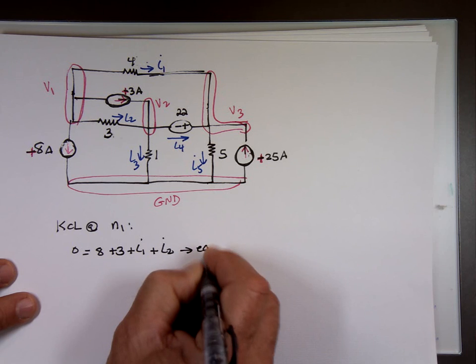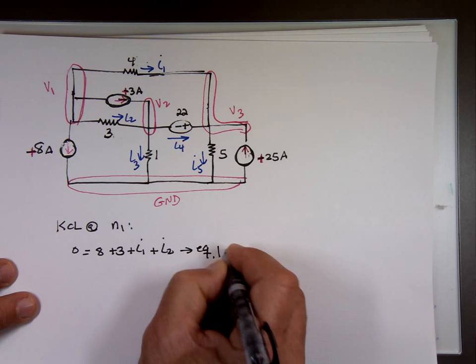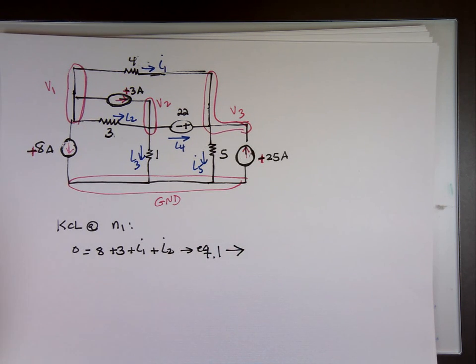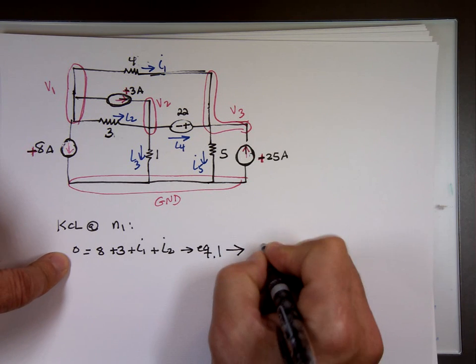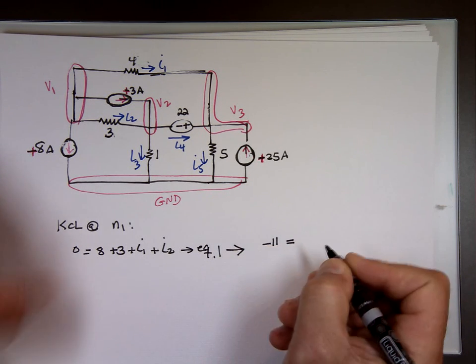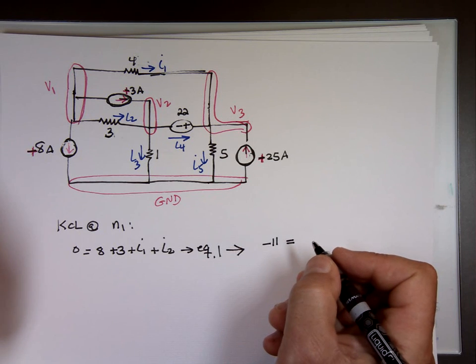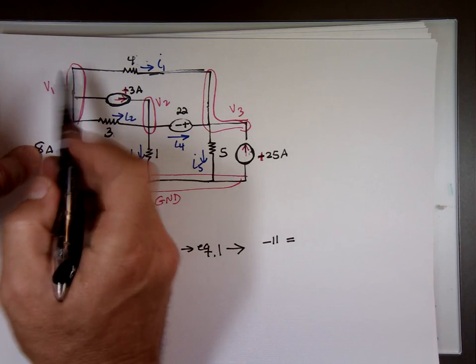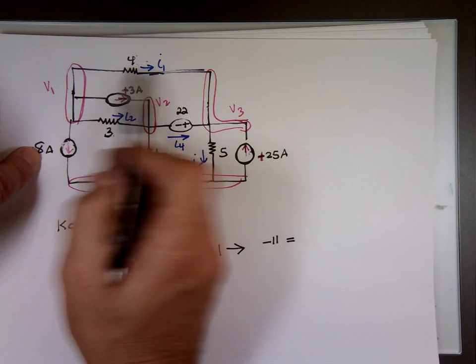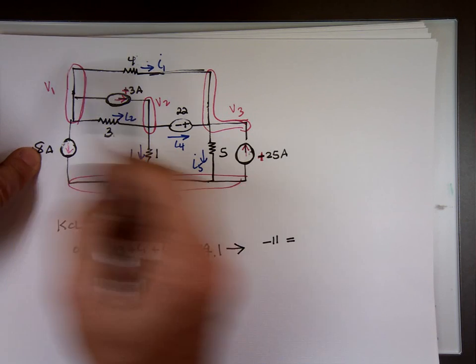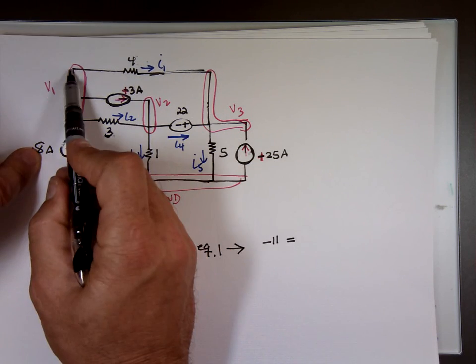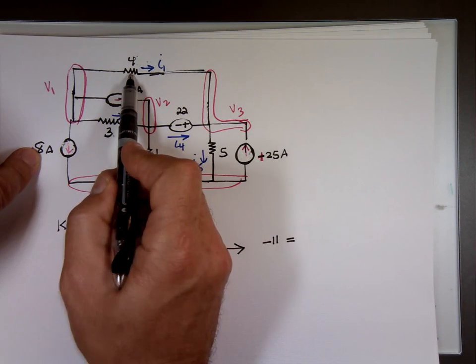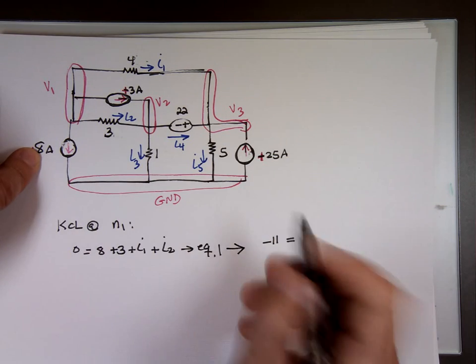While we're here, let's change everything to voltages. 8 and 3 will be what? 11. Moving to the left side, that's negative 11 equals. What is I sub 1? Notice I defined it going to the right. So it's this voltage minus that voltage over the resistor. V1 minus V3 over 4.